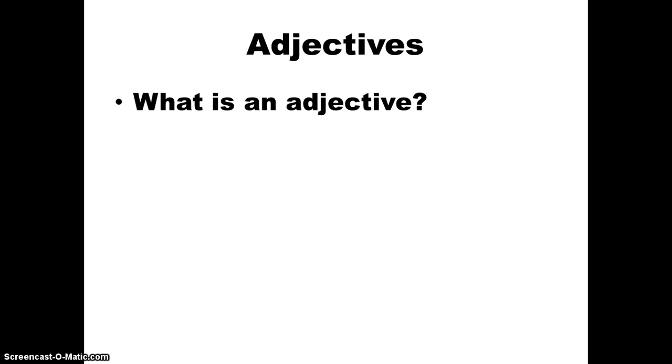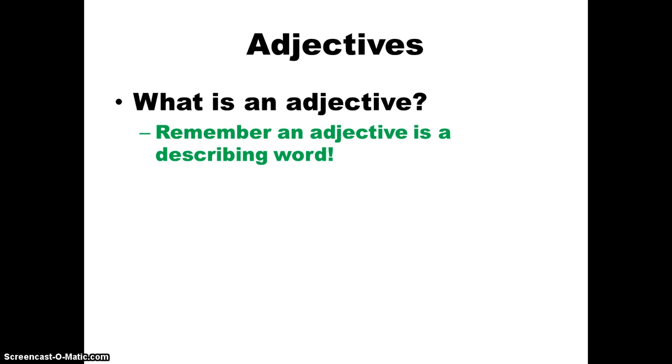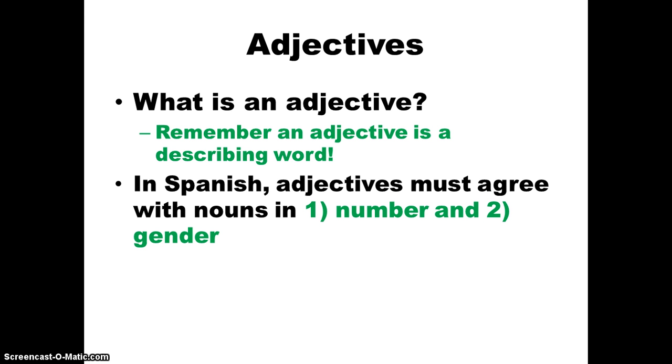Okay, just a reminder, an adjective is a describing word. So again, we're describing the location in relation to the subjects. Now remember also in Spanish, our adjectives must agree with nouns in number and gender. So remember, I call those happy sentences. We have to have agreement.